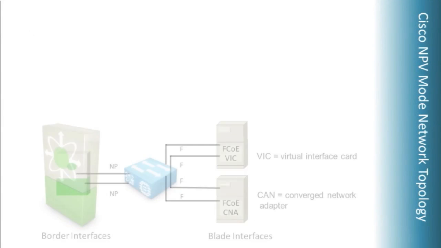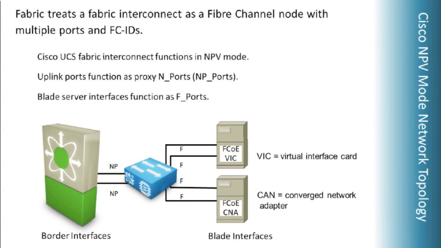Now we're going to have server interfaces and border interface technologies. So the blade server interfaces can function as our F ports, and the uplink ports from the fabric interconnect to the MDS, as depicted here, can function as what are called proxy N ports, or NP ports, to use the Cisco terminology.